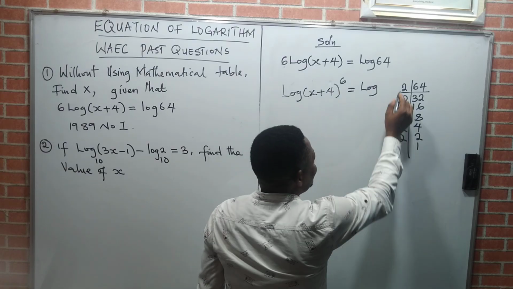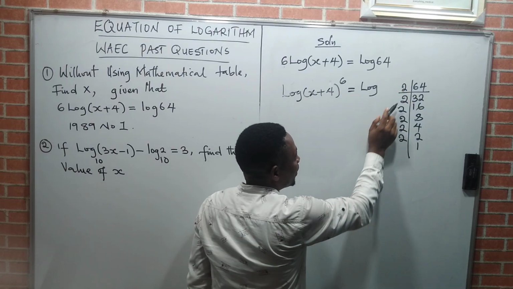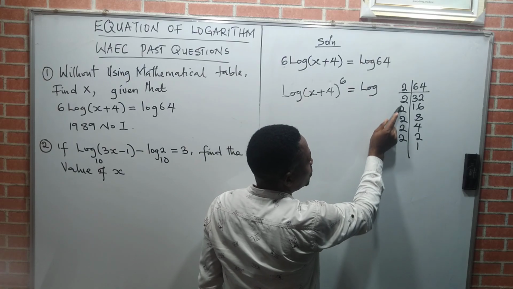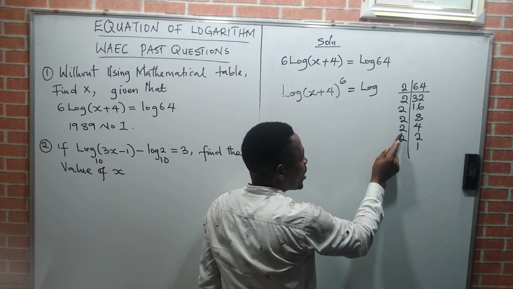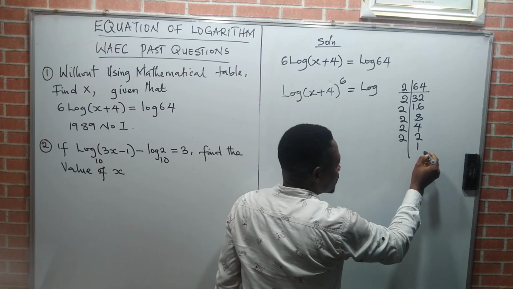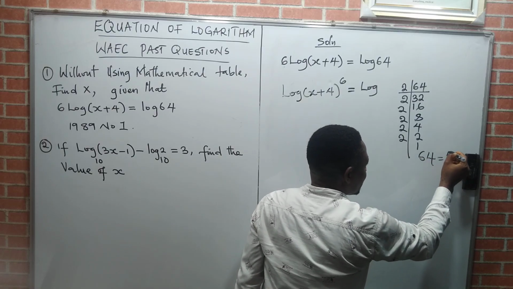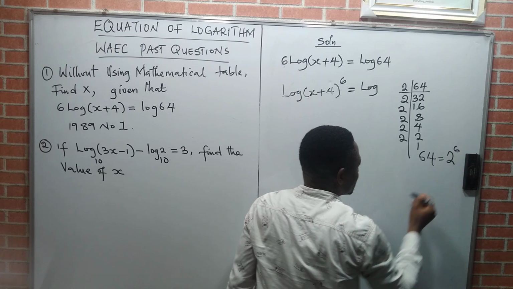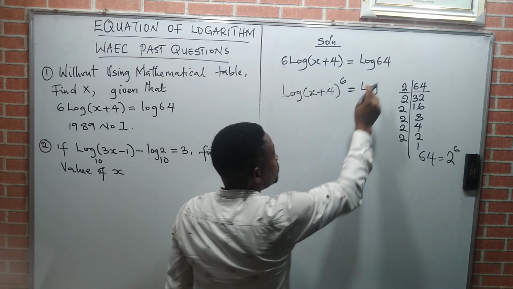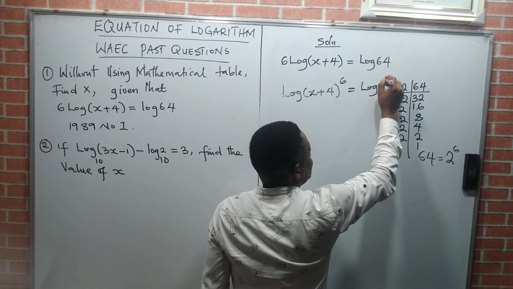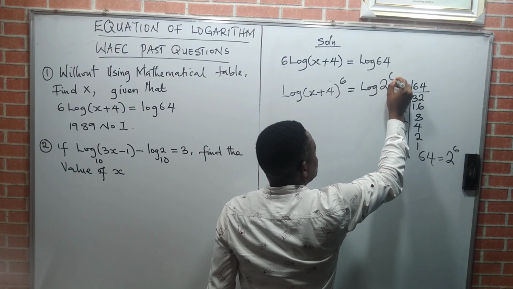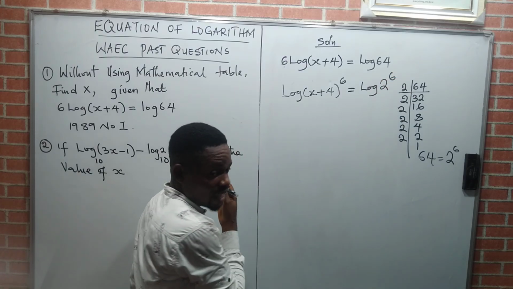So can we now count the number of 2's that exist here? Let's go. 1, 2, 3, 4, 5, 6. So that is to say 64 by indices is 2 in 6 places. So which means log 64 is the same thing as saying log 2 to the power of 6. Are you with me?